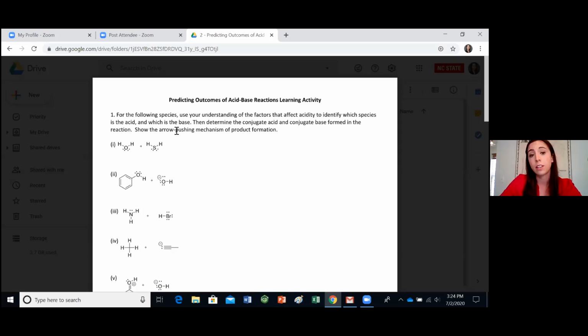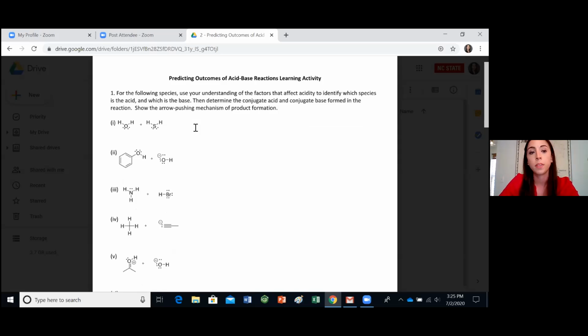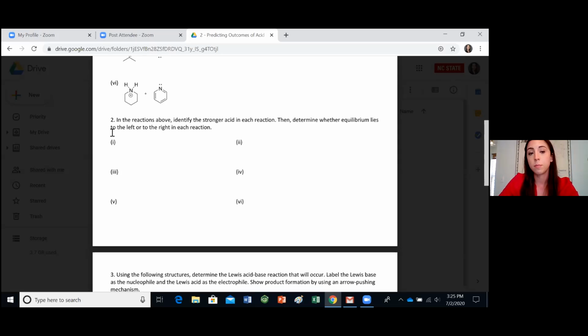Along with that, they are asked to show the arrow pushing mechanism of the product formation. So which one's the base, which one's the acid, what are the conjugate acid and conjugate base formed, and how are they formed? After doing that, in problem 2, they're asked to identify whether equilibrium will lie to the left or the right, towards the reactants or the products.